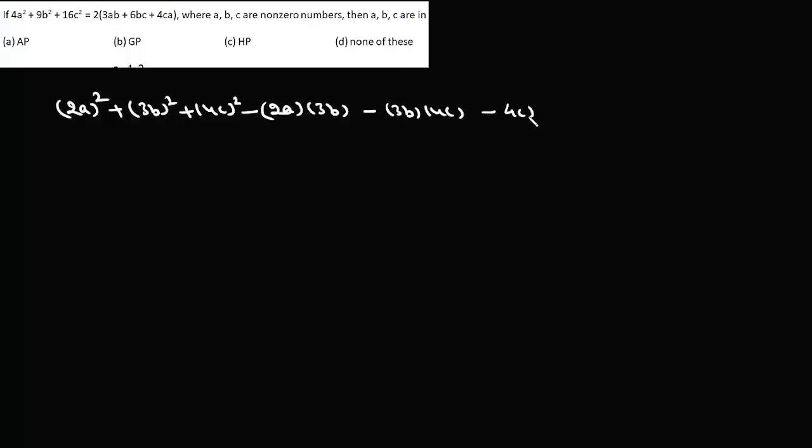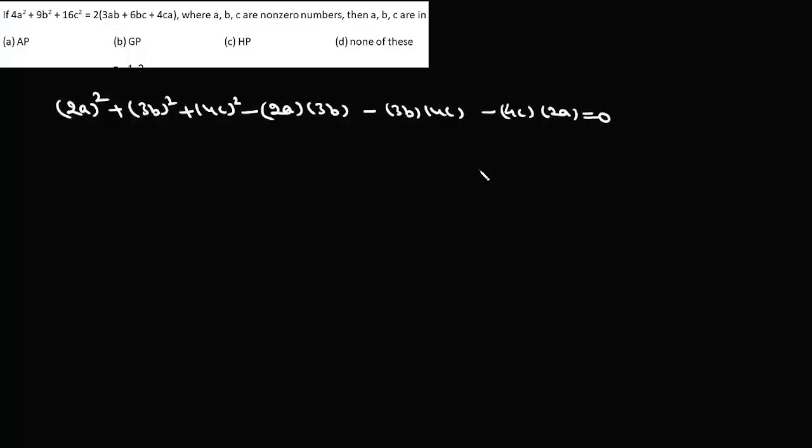Now here the question is, we are given that 4a square plus 9b square plus 16c square equals 3ab plus 6bc plus 4ca. Now we can write this as 2a square plus 3b square plus 4c square minus 2a into 3b minus 3b into 4c minus 4c into 2a, and it is equal to 0.